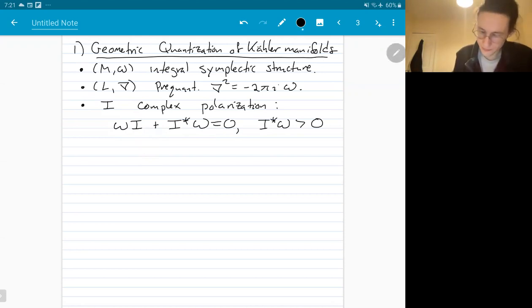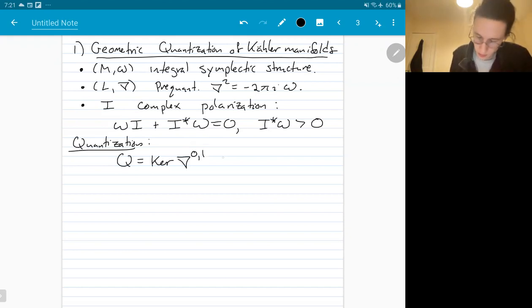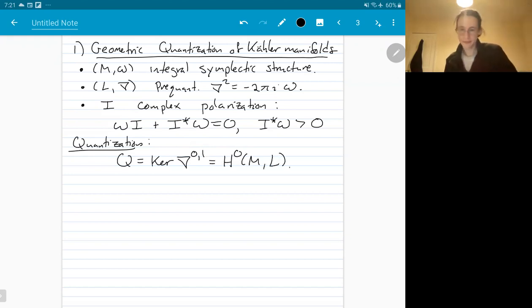Then the prescription of quantization is that we get a vector space, which is the sections of the line bundle that are flat with respect to the (0,1) component of the connection. In other words, it's the holomorphic sections of the line bundle. So this is the quantization. When we construct this quantization, the complex structure I is playing an auxiliary role.